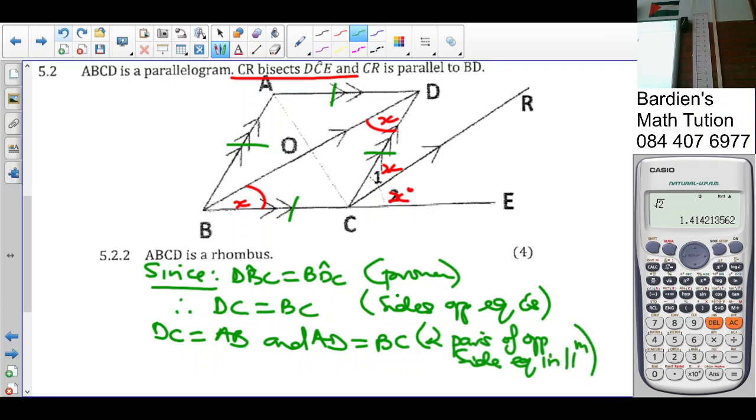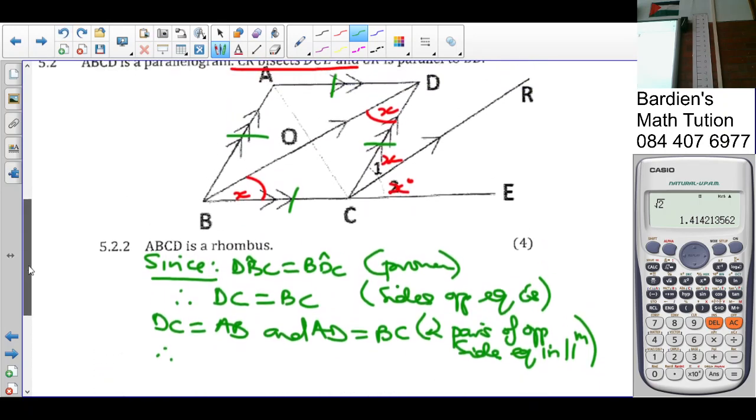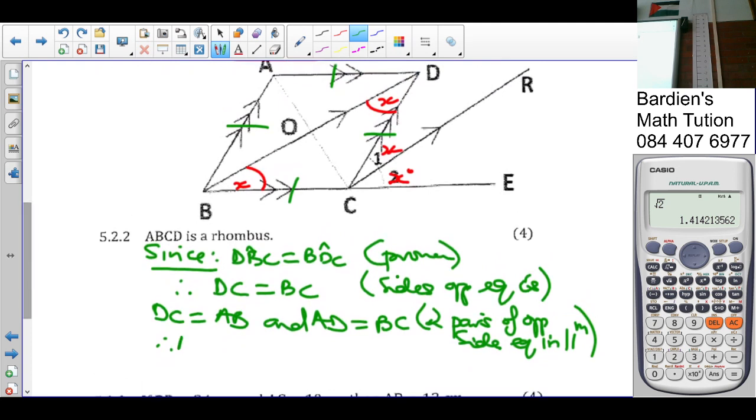So now you see all four sides are equal. Therefore, quad ABCD is a rhombus. Why? Because all sides are equal in a rhombus.